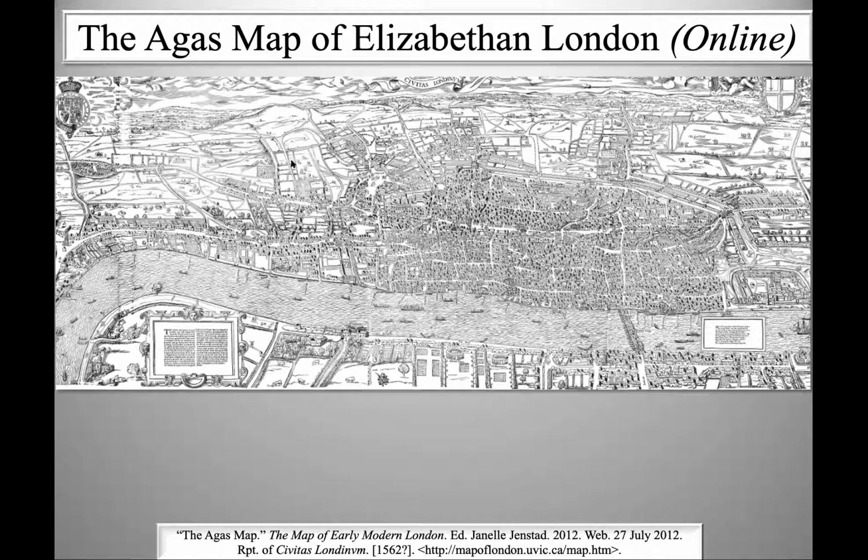All of that was countryside. The actual city, now the borough of London, was right here. If you've ever been to London to the Globe Theatre, you have been to this part of London and you've seen St.